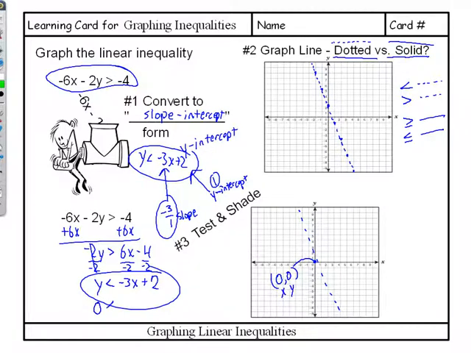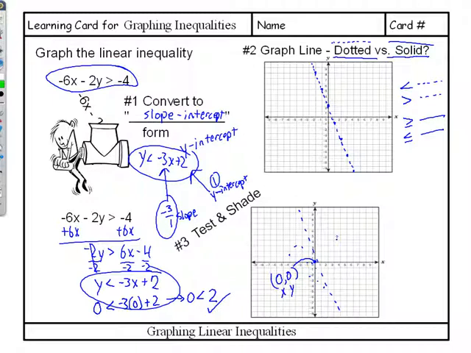So I put 0 in for y is less than negative 3 times 0 plus 2. That simplifies to 0 is less than 0 plus 2, or just 2. Is 0 really less than 2? Well, yes, it is. That means that 0, 0 is part of my solution set. And if I tested other points on this side of this line, they would also be true.